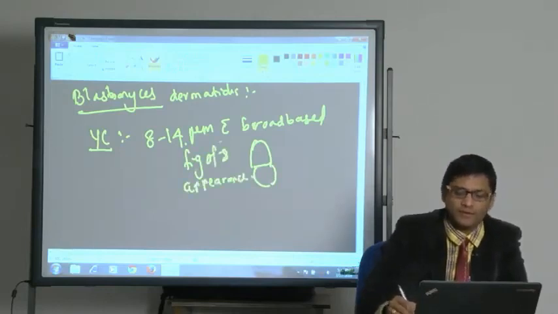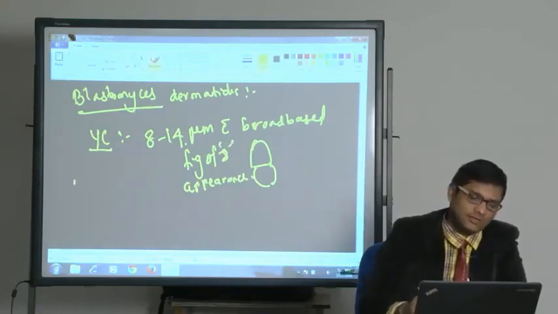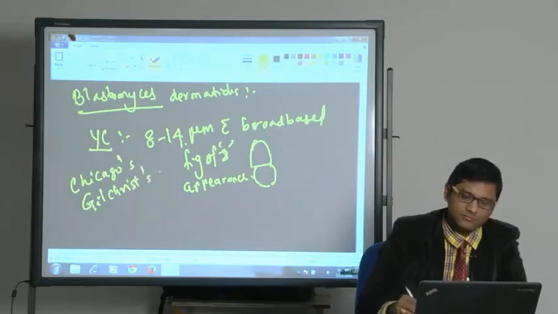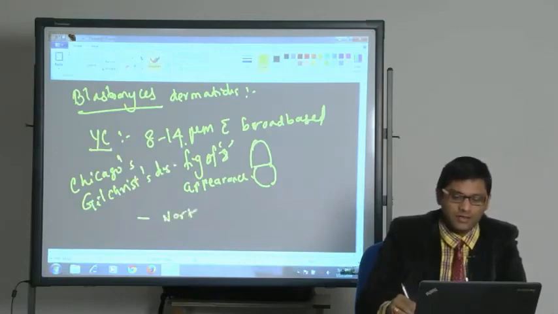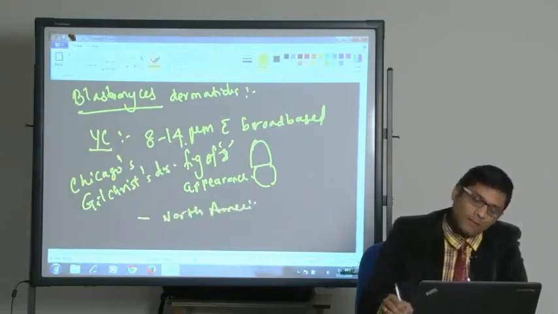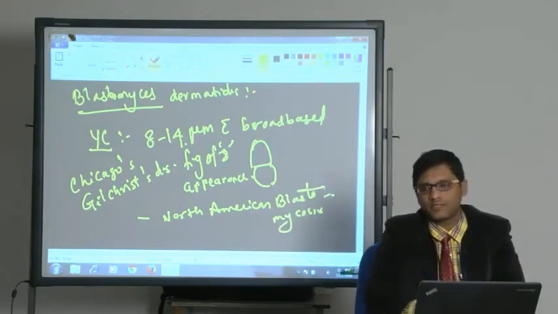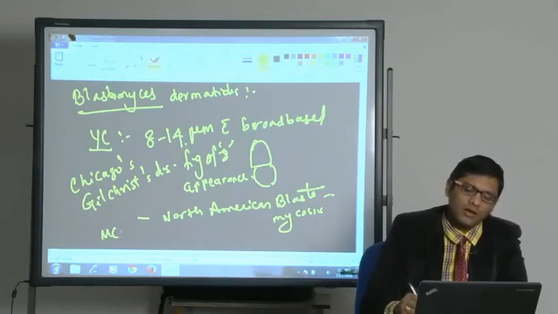Blastomycosis is also called Chicago's disease or Gilchrist disease. Please remember, it is otherwise called North American blastomycosis. Of course, the most common clinical form will be the pulmonary form.